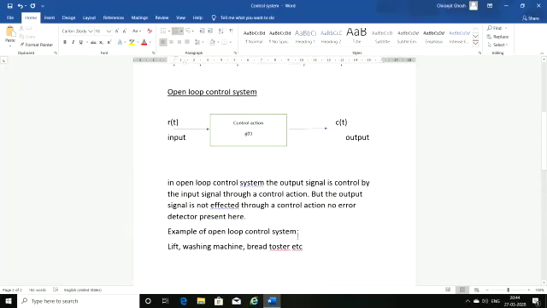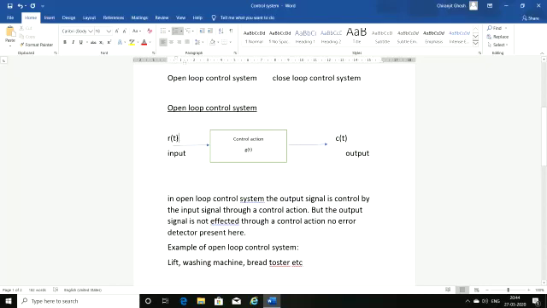Therefore, in an open loop control system, this time domain function is converted into a Laplace transformation or frequency domain function. It will be written as capital R(s). So a time domain function is converted into a Laplace domain function or frequency domain function.